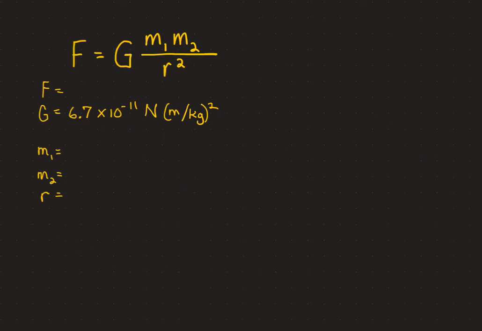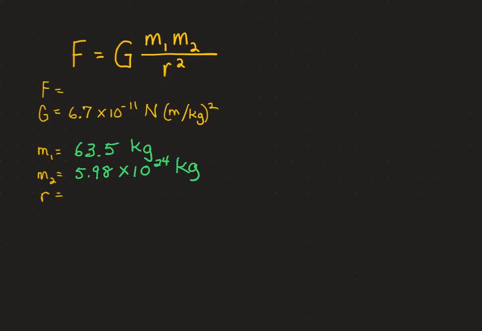For our first example, let's let m sub 1 be a Math 091 student who weighs 63.5 kilograms, standing on the Earth, and the Earth has a mass of approximately 5.98 times 10 to the 24th kilograms, which is a huge number, okay?